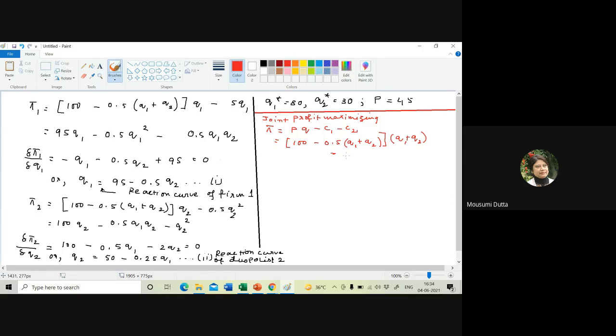What was C1? C1 is 5Q1. Okay, so simplify this equation first. Yes, ma'am, got it. Got the final result for joint profit? Yes, ma'am, almost. I'm doing the calculations.